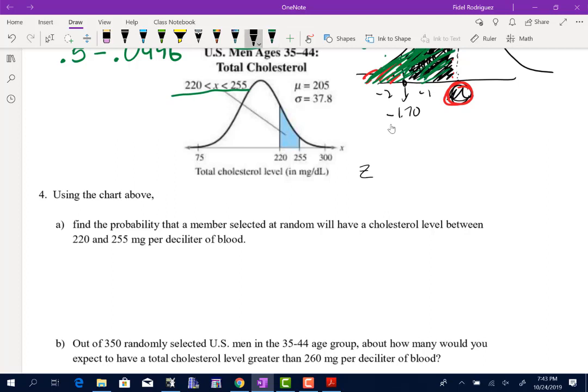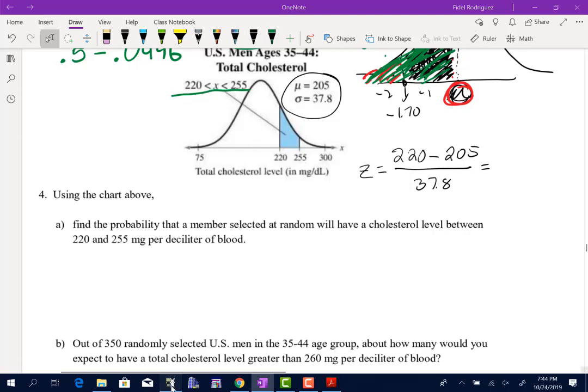Let's find our z-score. Here's our mean and our standard deviation. The first thing I'm going to do is go for 220. So 220 minus 205, all divided by what? 37.8? Okay, so 220 minus 205, I already know that's 15, isn't it?